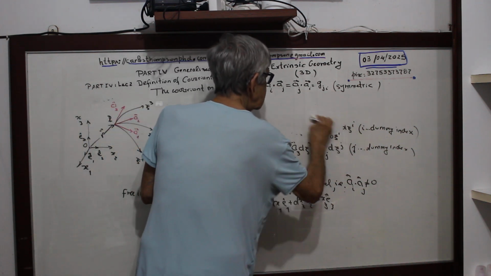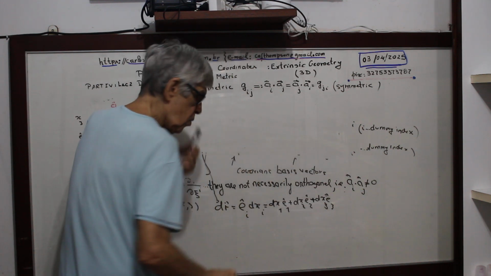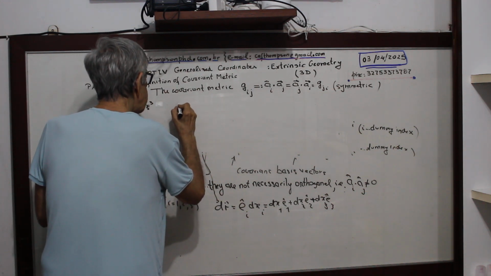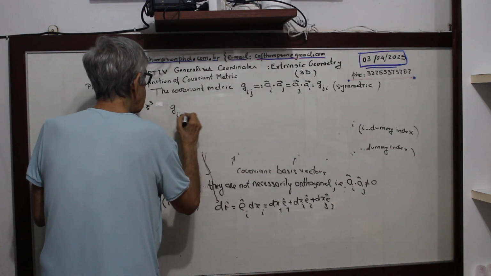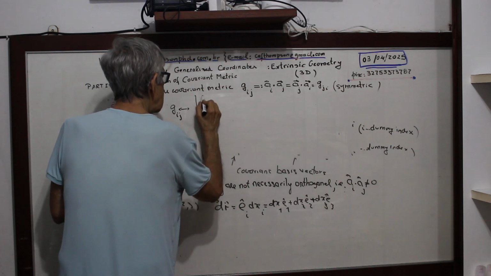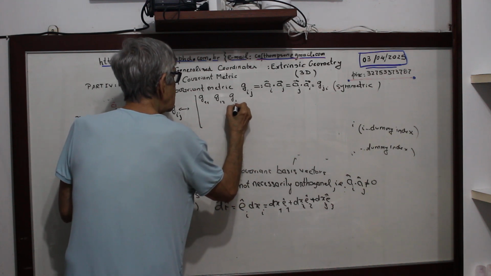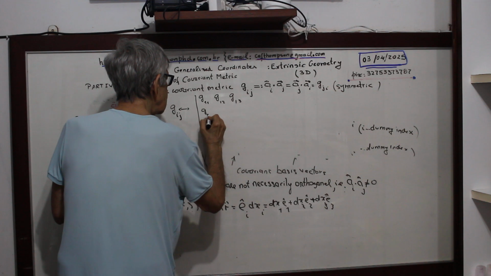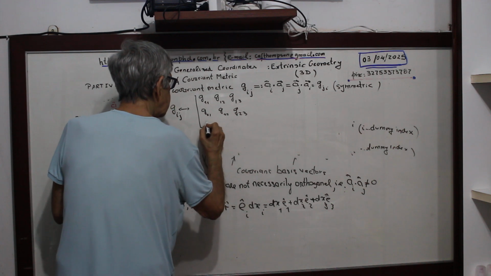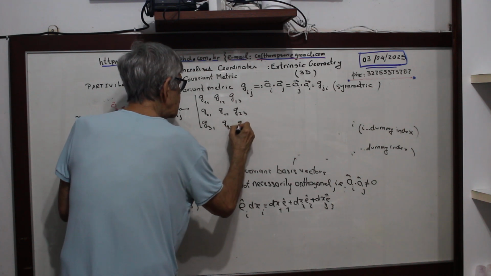So Gij is represented as a matrix: G11, G12, G13, G21, G22, and G23, and G31, G32, and G33.